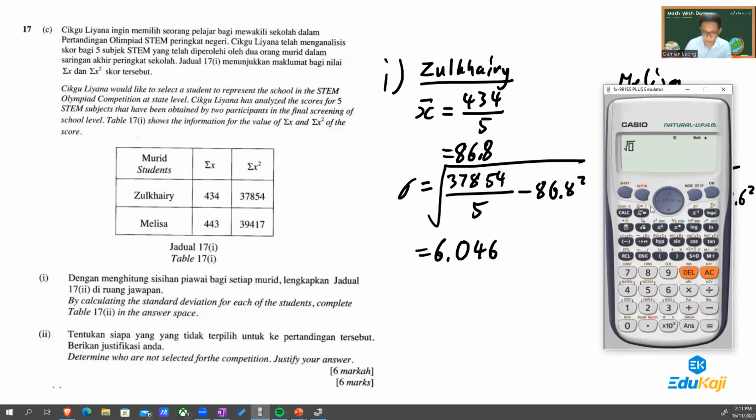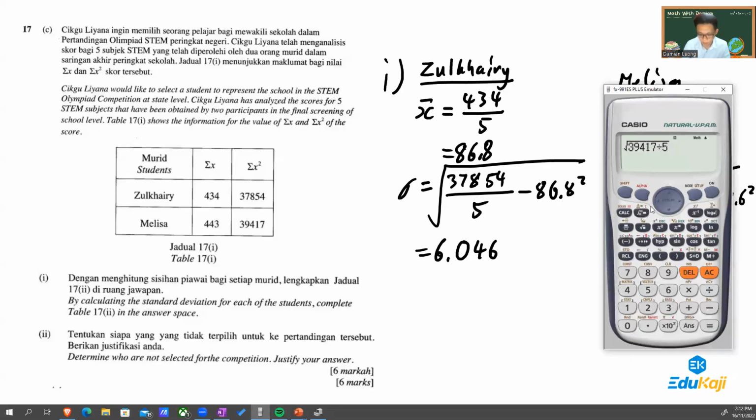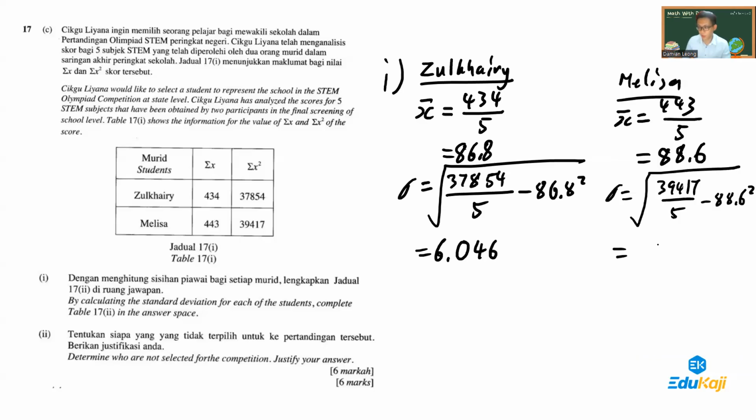So square root of 39417 divide 5 minus 88.6 square. 5.7827, 5.783. These are the standard deviations. Yeah, so you just put it in the table, put it in the answer space.